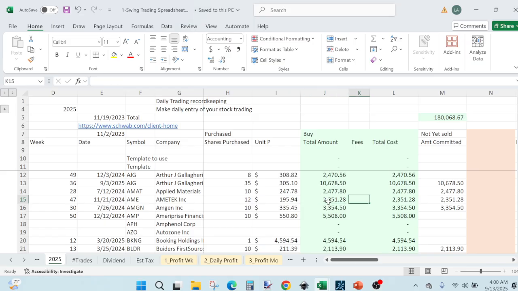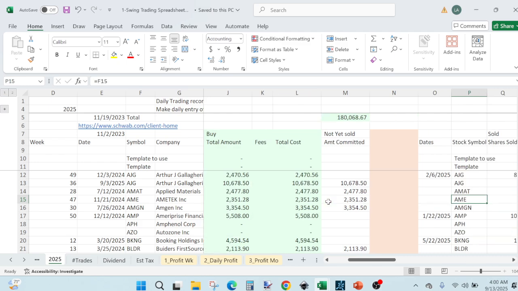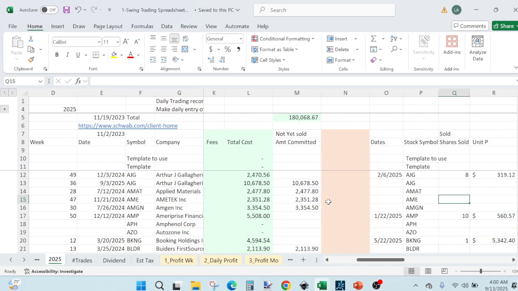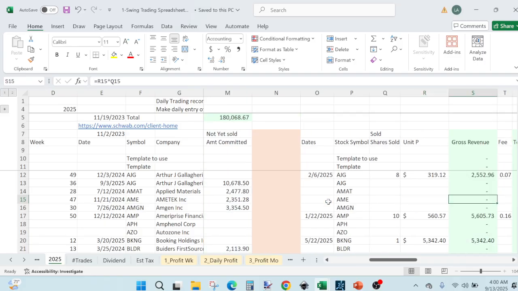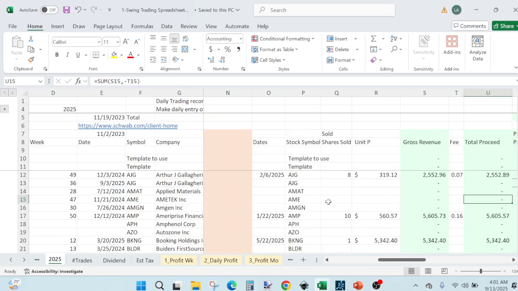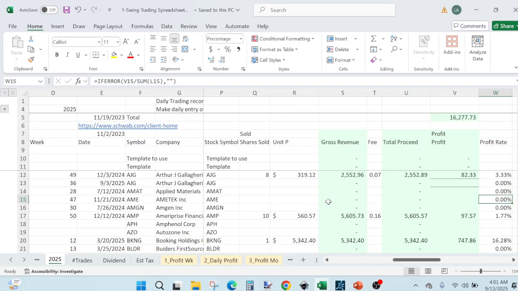If you pay a brokerage fee, you add that as well. And then on the right side, you have the sales information. When you sell it, you enter the shares sold, the unit price, the gross revenue, and then if there is a fee, you add that fee, and then you can calculate the profit.